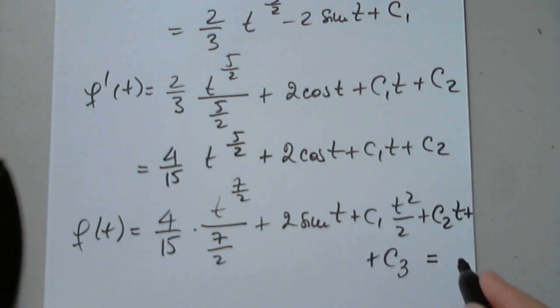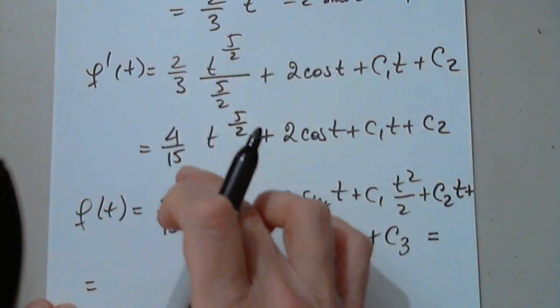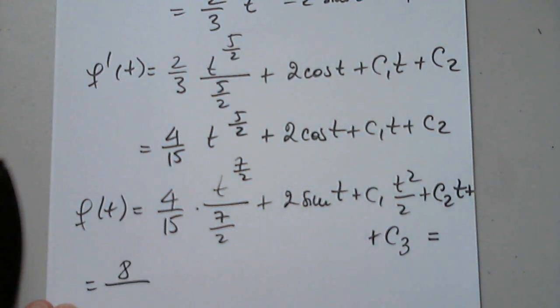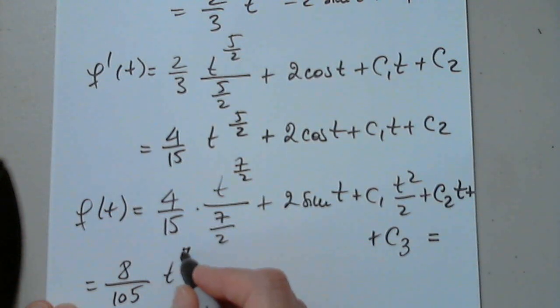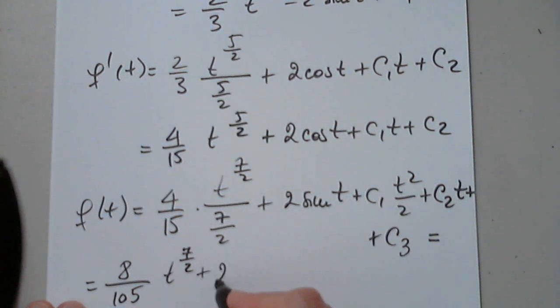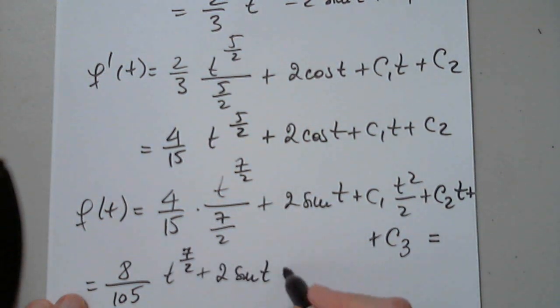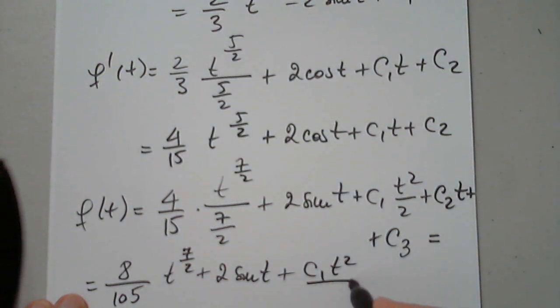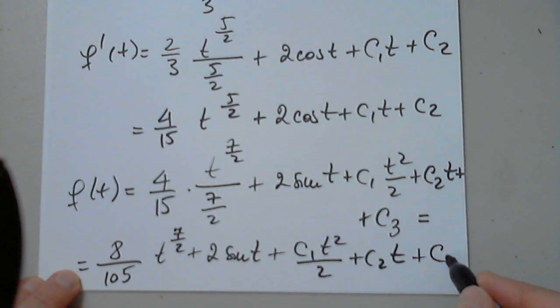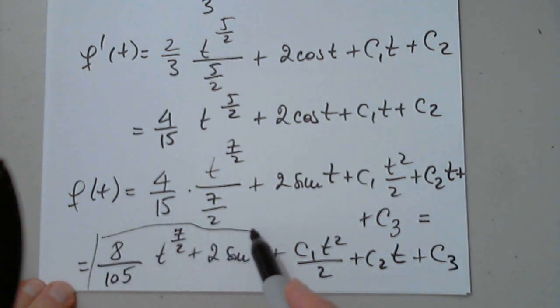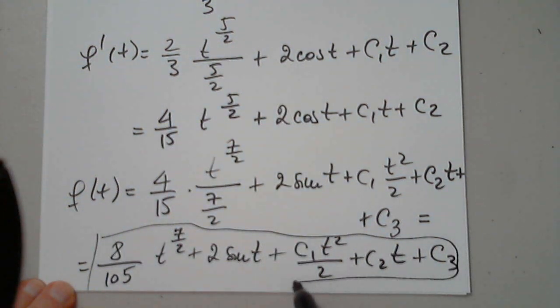So I will continue because I need to simplify one more time. 8 divided by, I think it's 105, 5 and 3, yes, t to 7/2 plus 2 sine t plus c1t squared over 2 plus c2t plus c3. And this is the most general antiderivative of the given function.